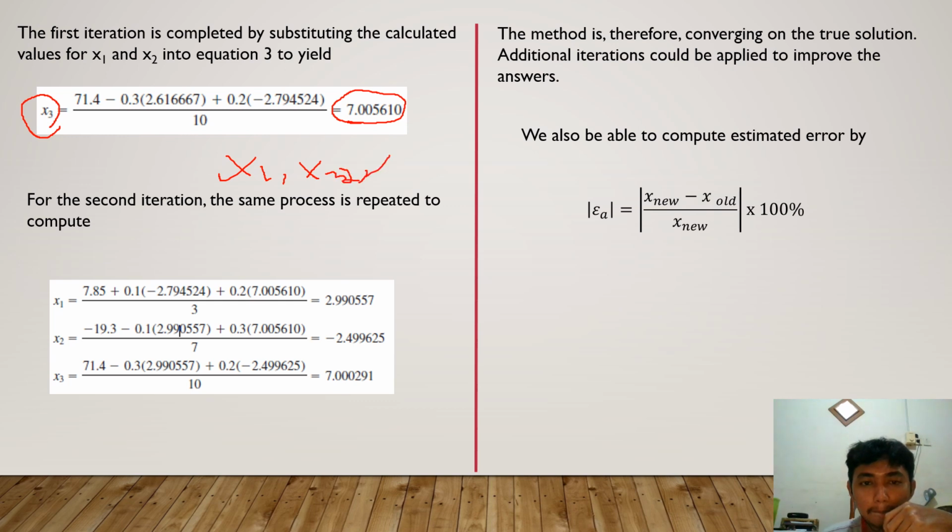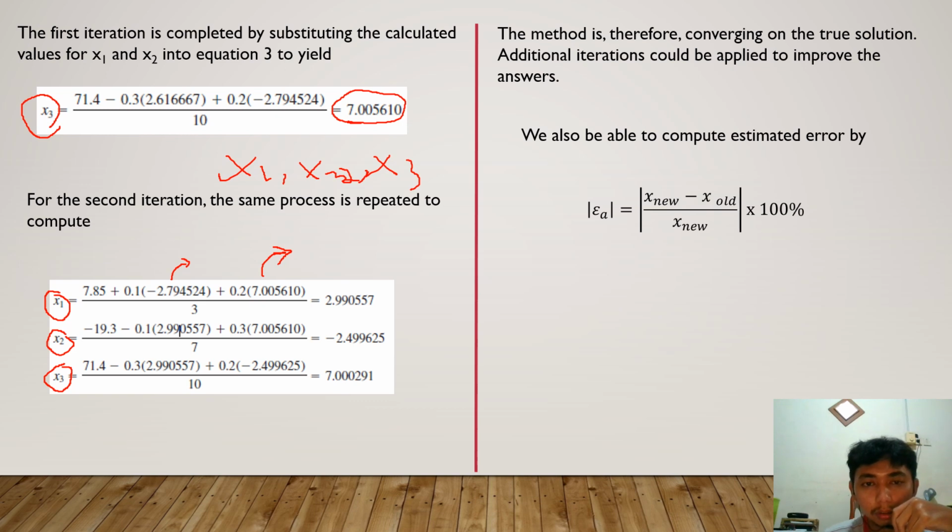Okay, for the second iteration, the same process is repeated. We compute the new values of x1, x2, and x3 by substituting the previous computation. As you can see, x2 and x3 for the second iteration are not 0 anymore.